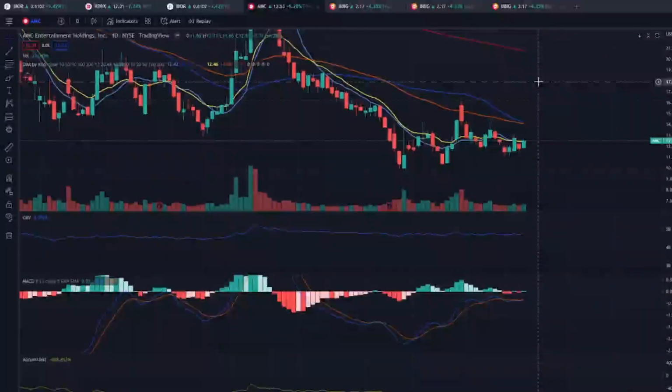When I'm looking at a chart and looking for trading signals, my personal strategy and general approach is to try and trade the trend.